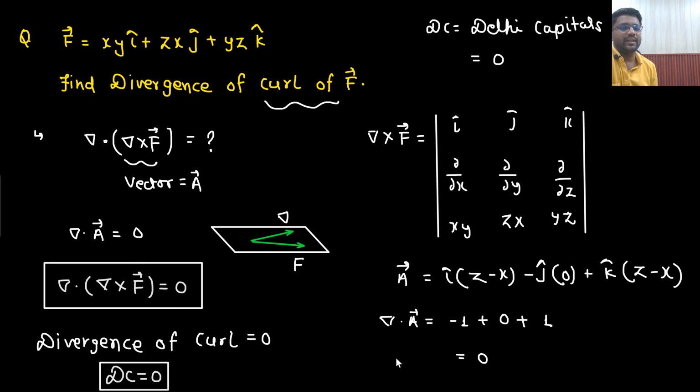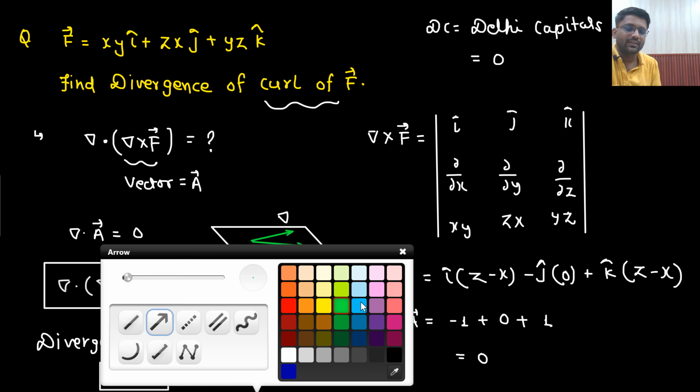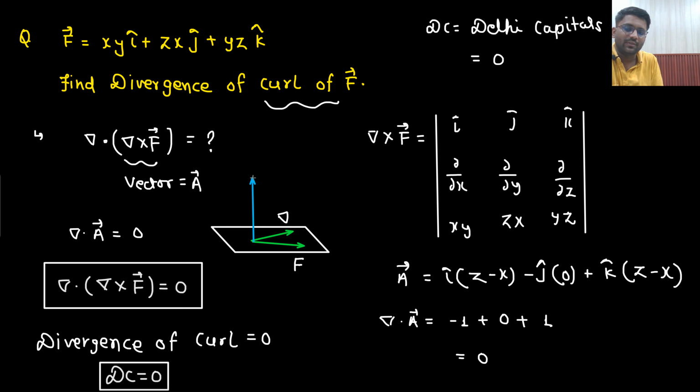Now, can you let me know what will be the direction of del cross f? So the direction of del cross f would be perpendicular to the plane containing both del and f. So this will be the direction of del cross f. Now let me know what is the angle between del cross f and del.